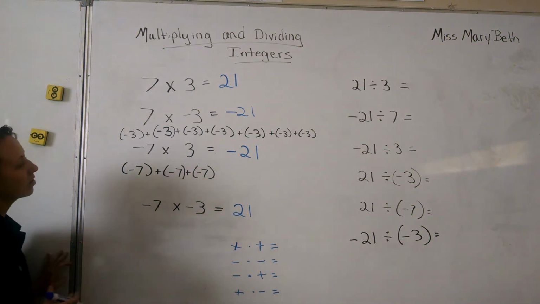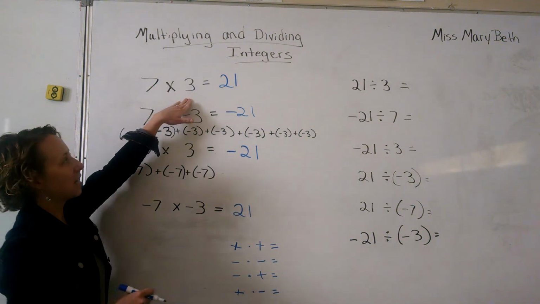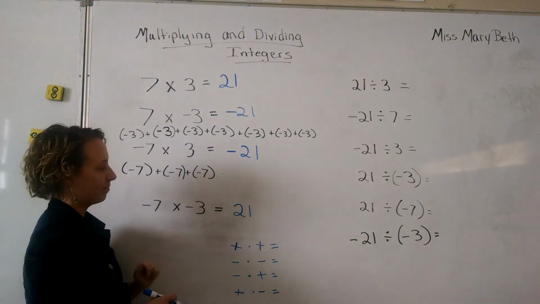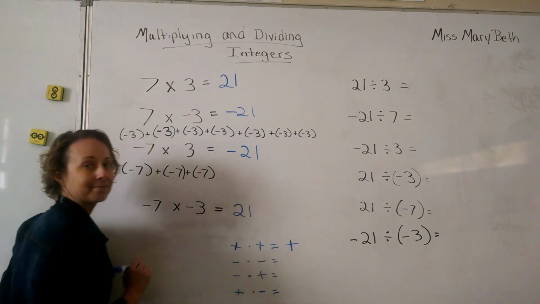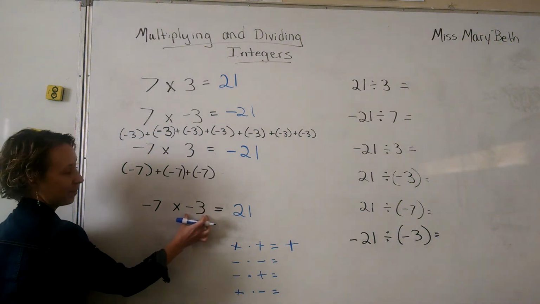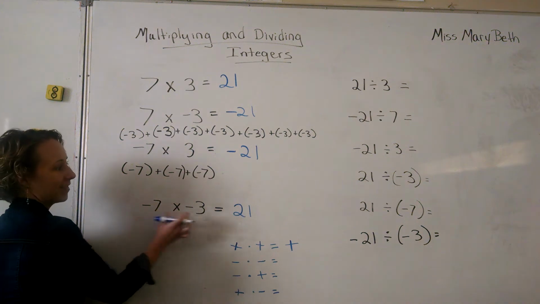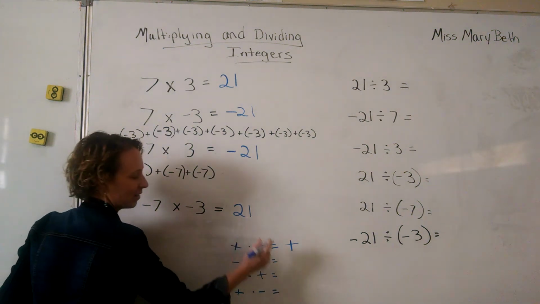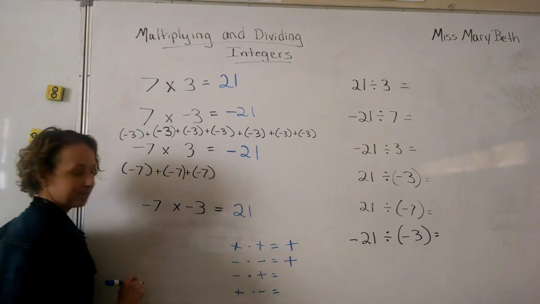Let's see what kinds of patterns we notice. When I multiplied a positive times a positive, I got a positive answer. When I multiplied a negative times a negative, again, same symbols, positives and positives, or negatives and negatives, I also got a positive answer.